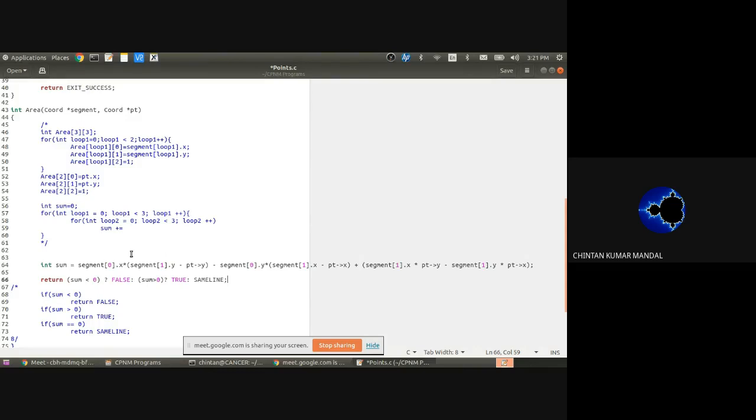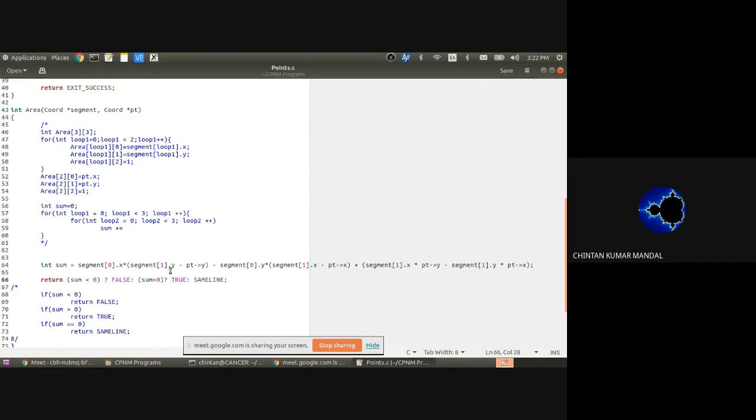Okay. So this is one way, and this is how one can decrease the lines of code. This is what we call a good program. This is programming, but this is good programming.